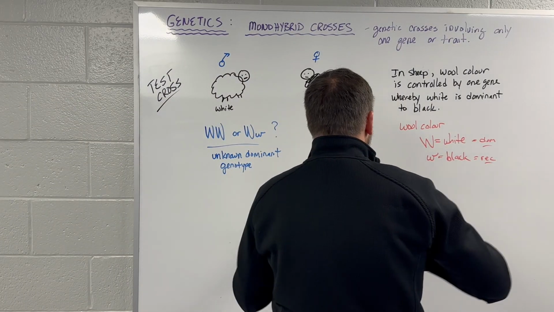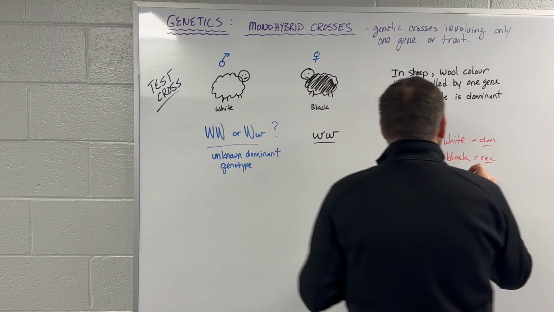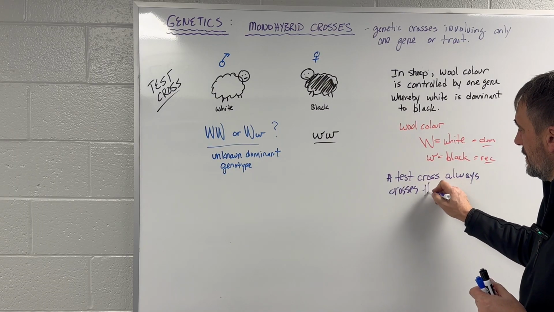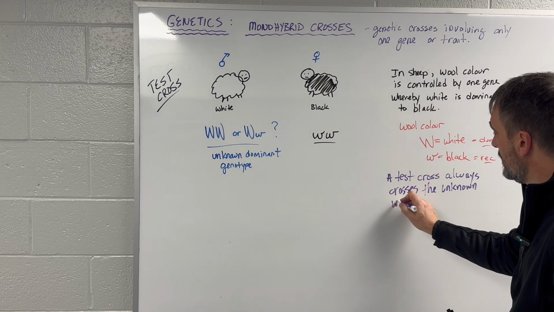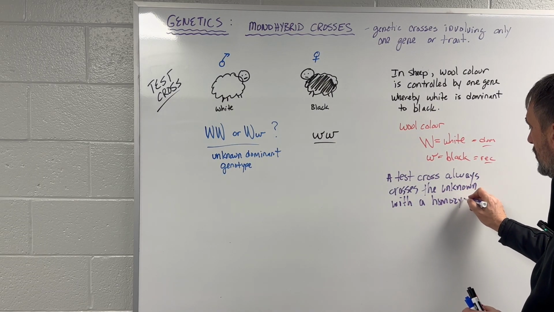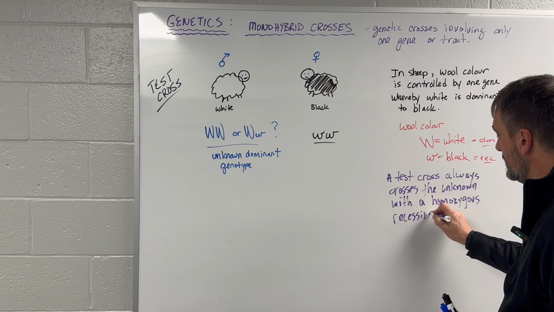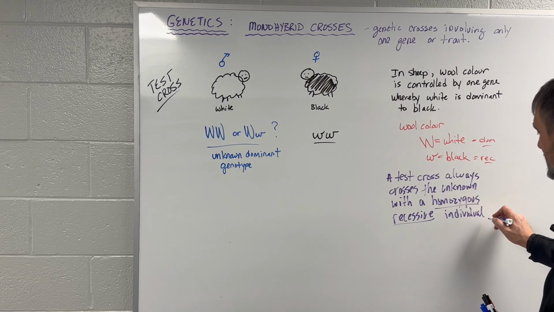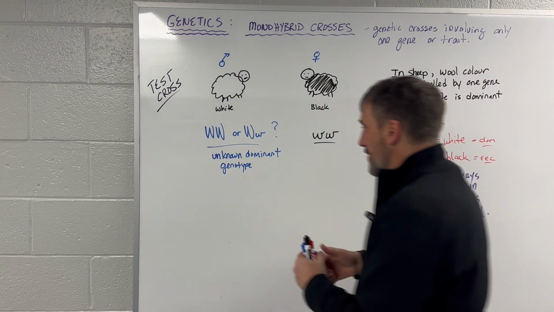And a test cross always crosses the unknown, which is the dad in this case, with a homozygous recessive individual. That is the test. We cross it with a homozygous recessive individual, and then we're going to look at what babies come out.